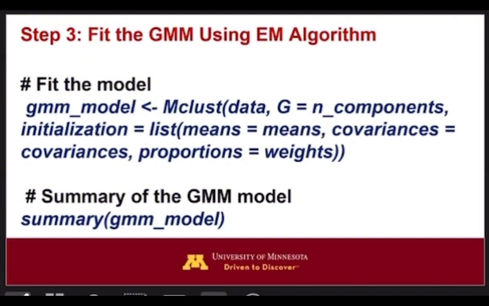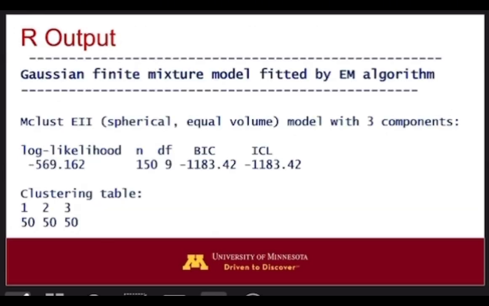The next thing is to see results. That is the result. What has happened now? The 150 data set has been partitioned into 3 clusters of 50 each, because we got a lot of models, a lot of results, and R automatically chooses the one that has the smallest value of BIC.